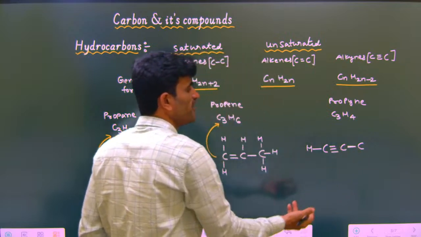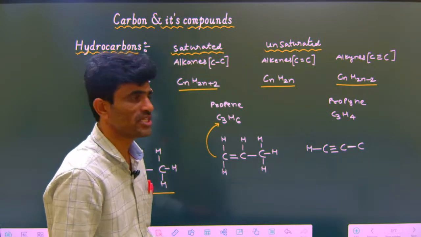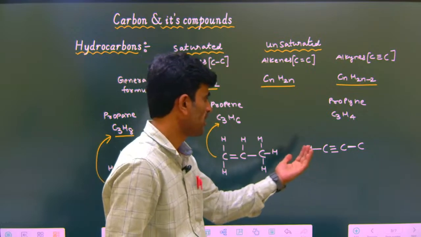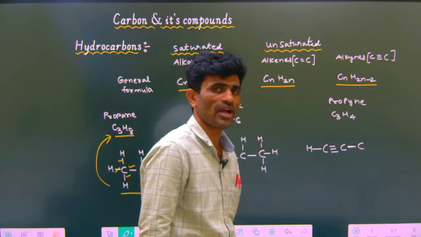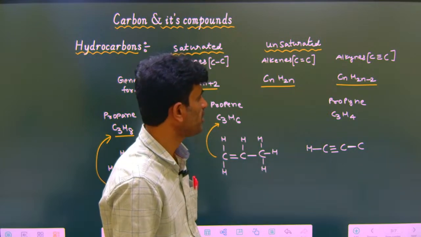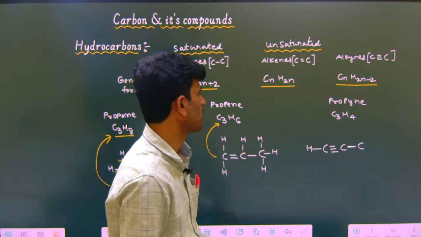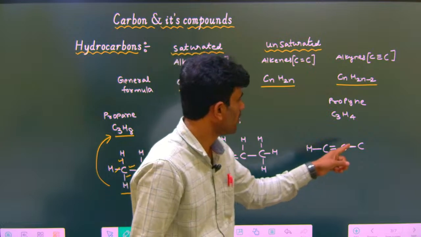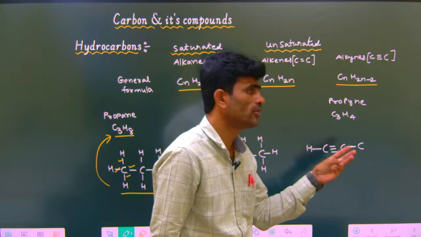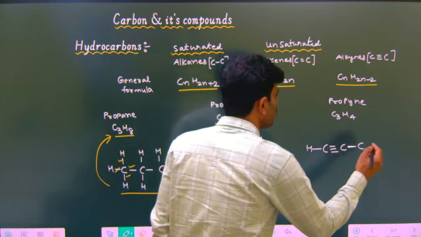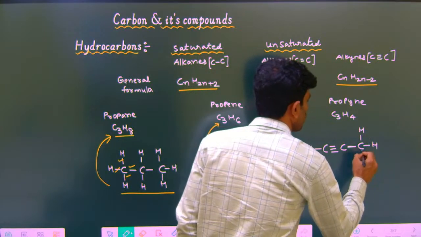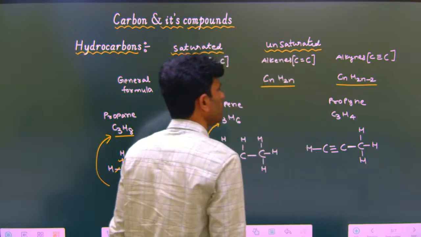So four bonds are already over, and no hydrogen will be there on the second carbon in propyne. Now on the third carbon, one covalent bond is drawn, so three more are left. Those three covalent bonds will be between hydrogen and carbon like this. So this is the structure of propyne.